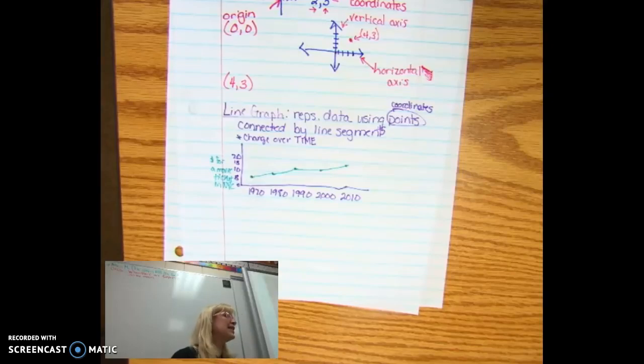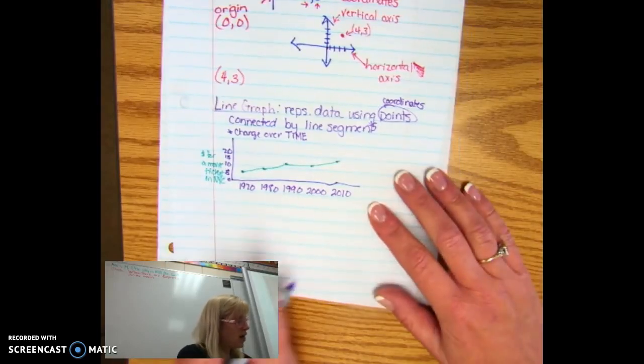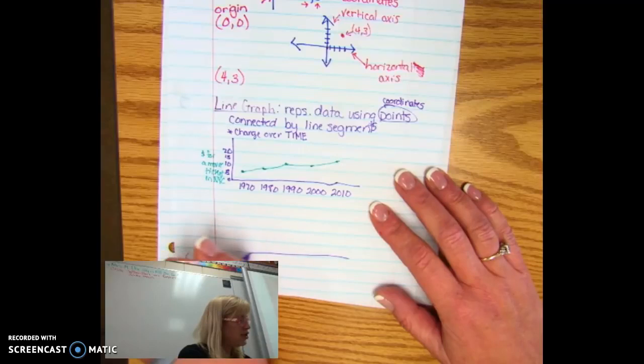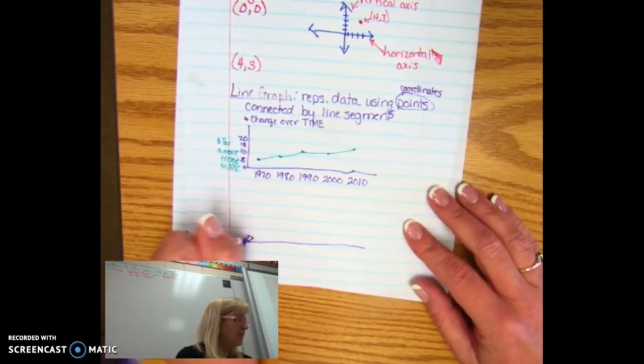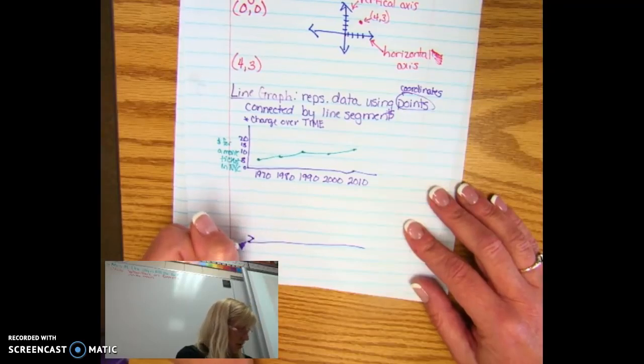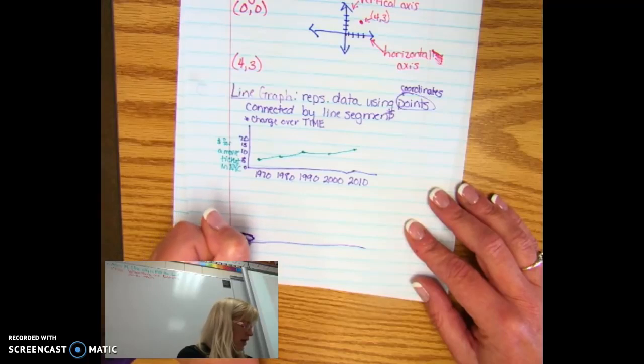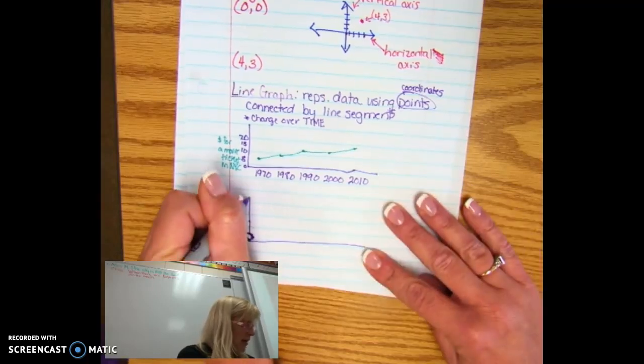Now, the one sticky point that my last classes have had trouble with is what I call a broken scale. And so when we do that, we're going to draw a little lightning bolt at the bottom. It usually goes out and then in. Sorry. And then it goes up.